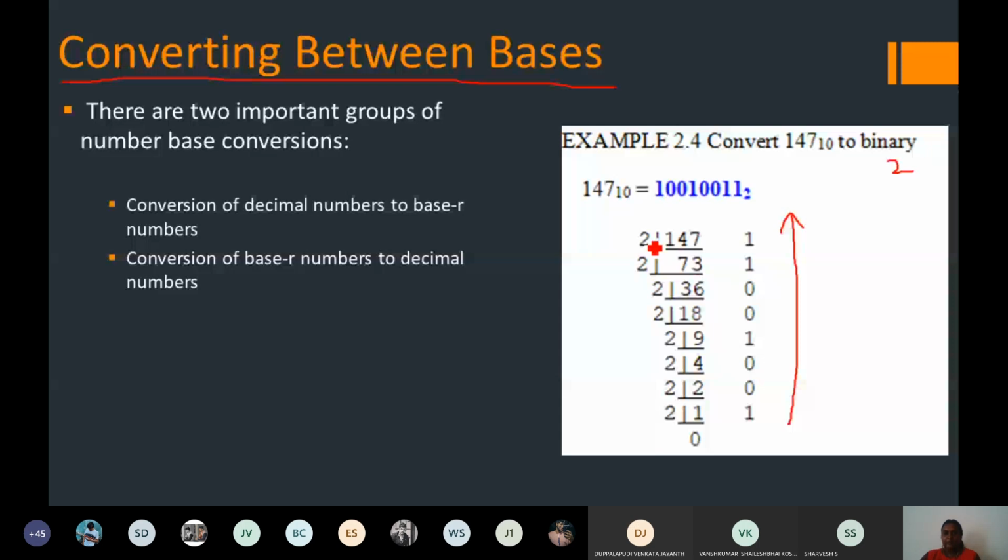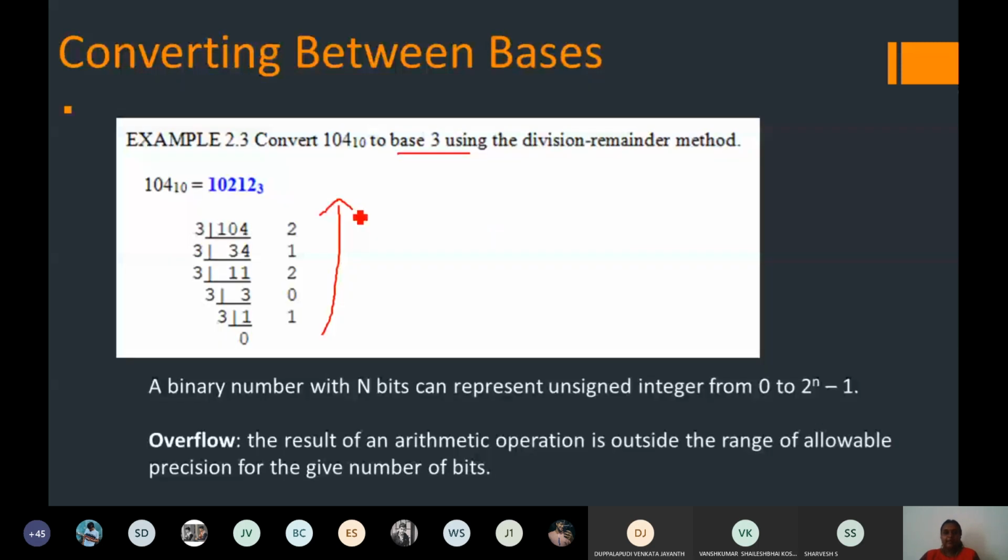Like this I have to make sure that the binary conversion has been done. Now if I want to convert into base 3, I will simply divide by 3 and see what is the remainder, and then again from bottom to top I have to write it down. So this is the binary representation of any number.